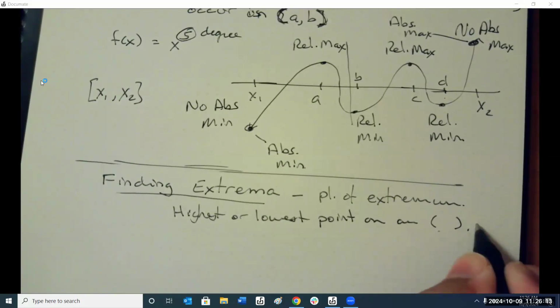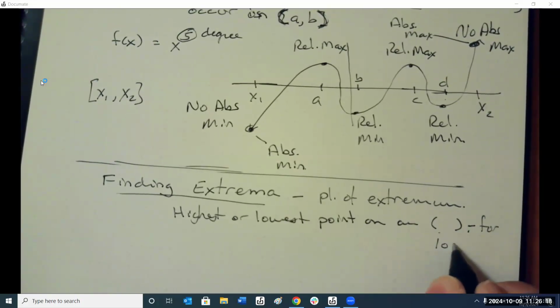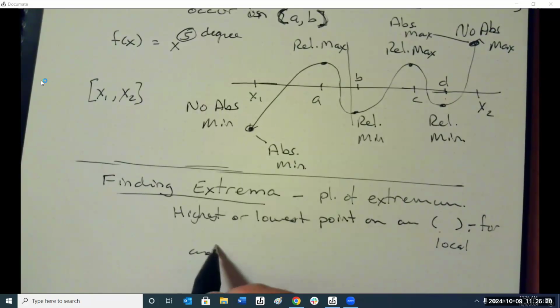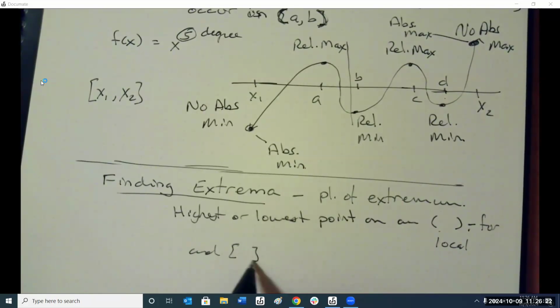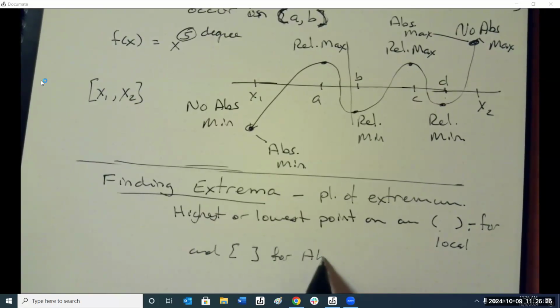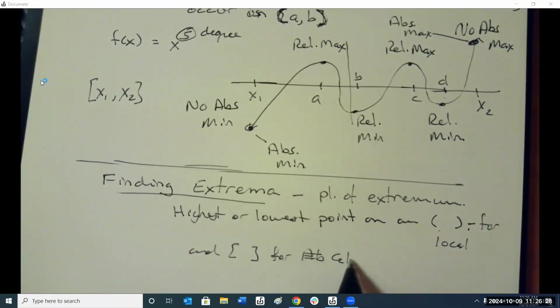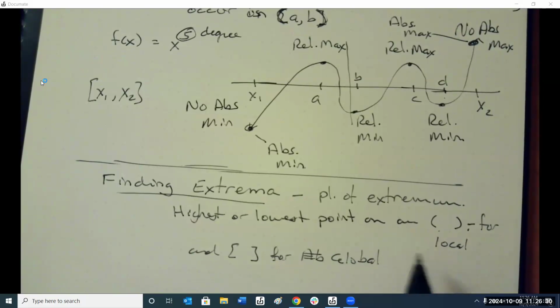That's local for local. And on some open interval for our global or absolute.